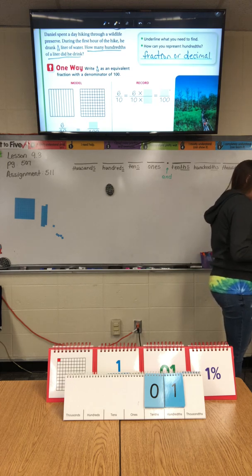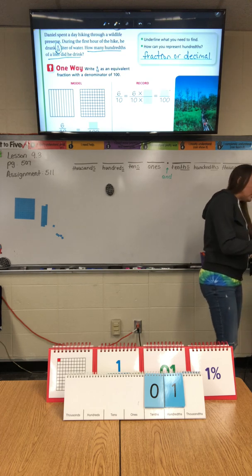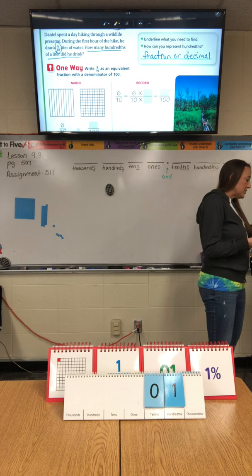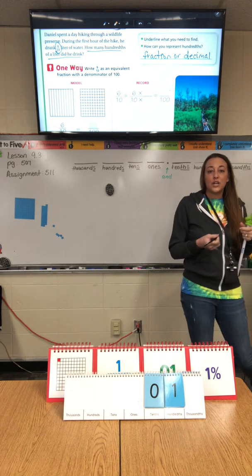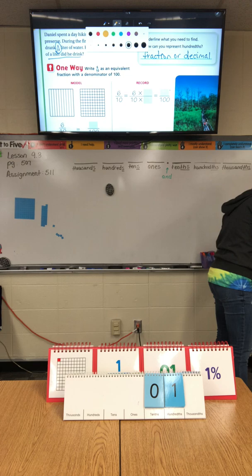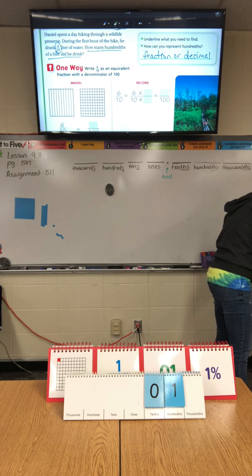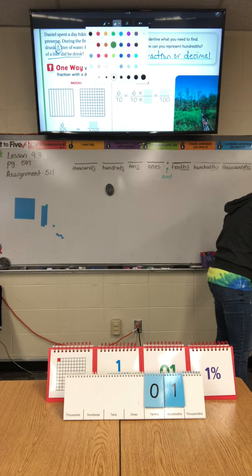So it says we know that he drank 6/10 of a liter of water, so we're going to start by shading 6/10 on our first model here. So let's do green. All right, let's see if this works. I've been having some trouble with this working right, so green is not going to cooperate.